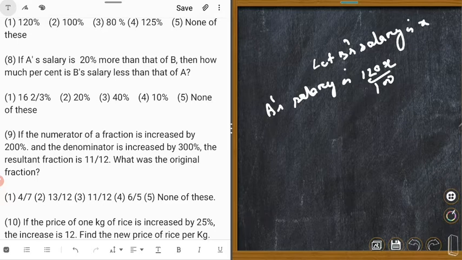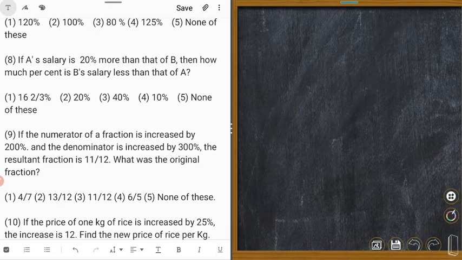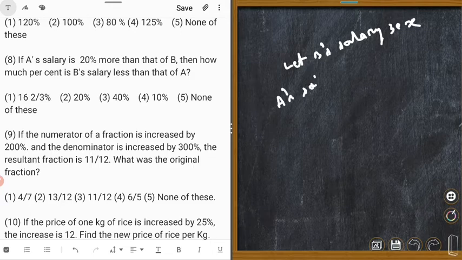So when A's salary is 120x upon 100, B's salary is X. A's salary is 120x upon 100 because it is 20% more; 100 plus 20 is 20% more.